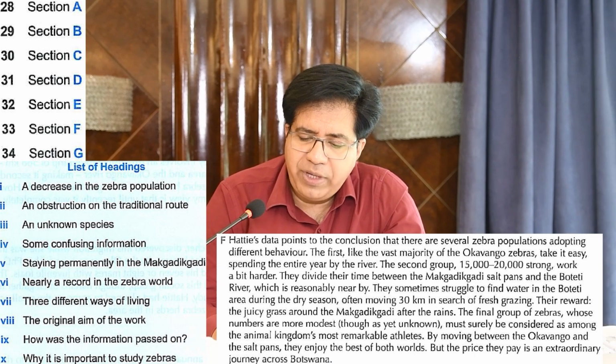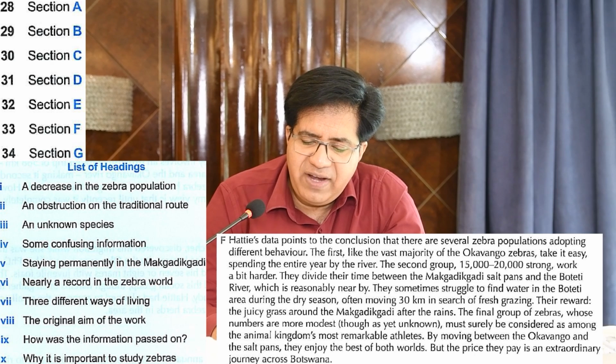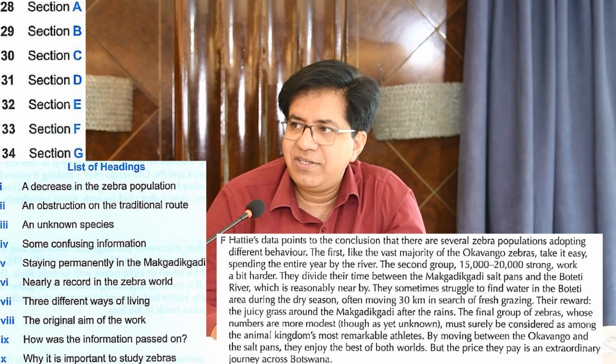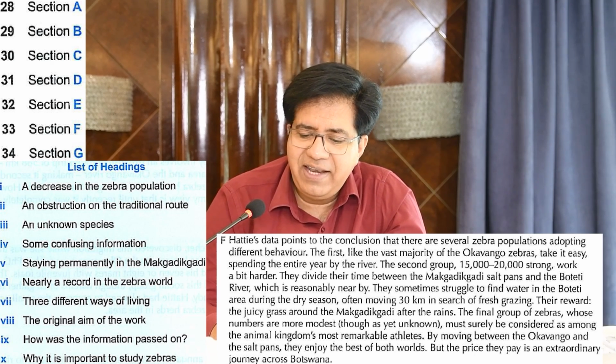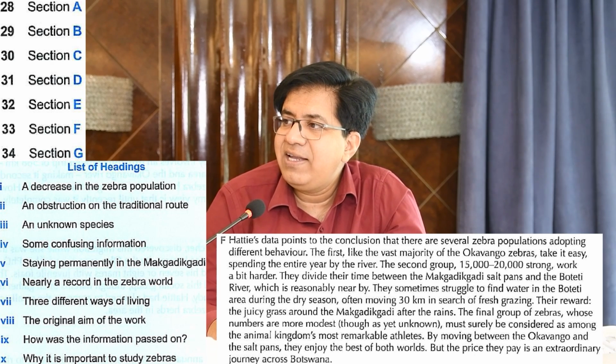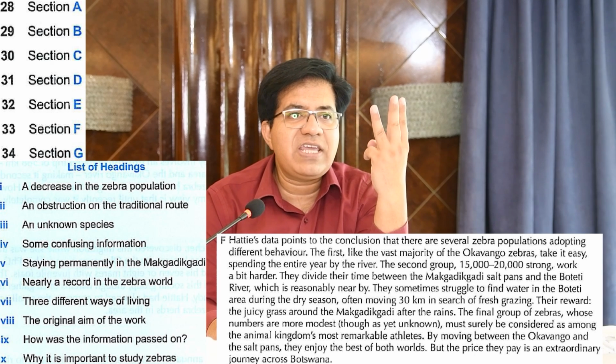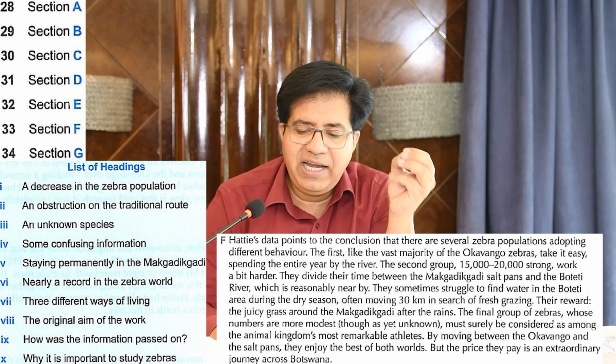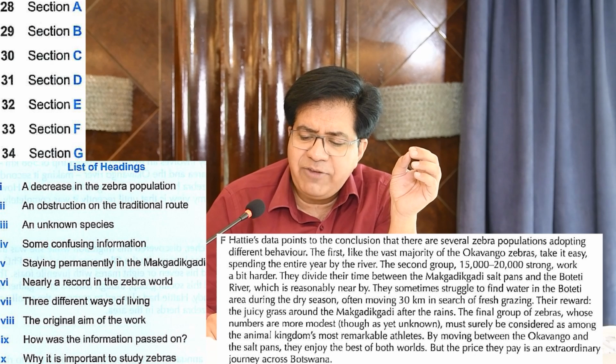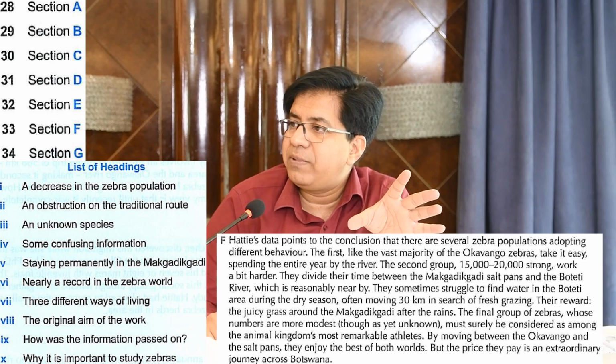Hattie's data points to the conclusion that there are several zebra populations adopting different behavior. The first, see that? Then in the third line, the second. Can you see that? In one heading, they use the words 3 ways of living. Right? The first, the second. And can you see the fourth last line, the final group?